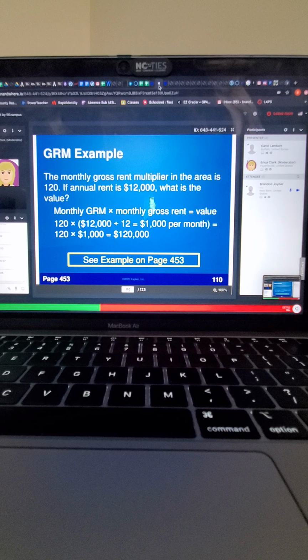Okay, here's another. This one's doing it annually. The one we did before was monthly. The monthly gross rent multiplier is 120. If your annual rent is $1,200, what is the value?